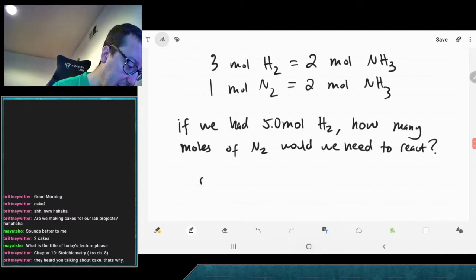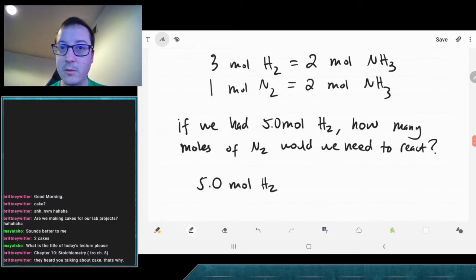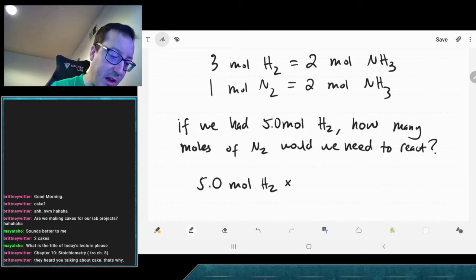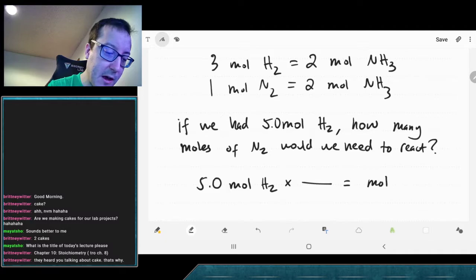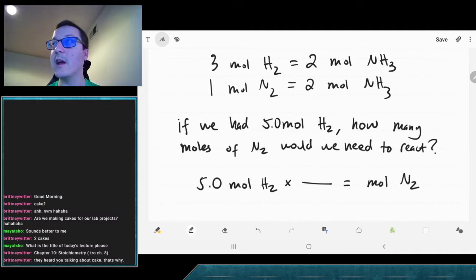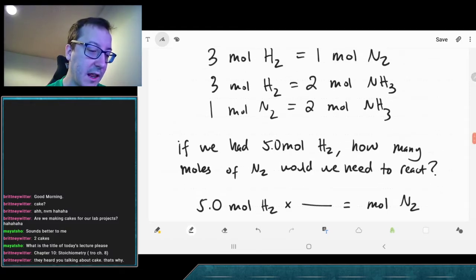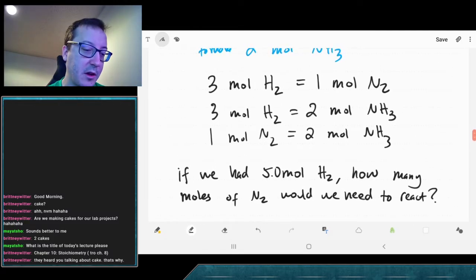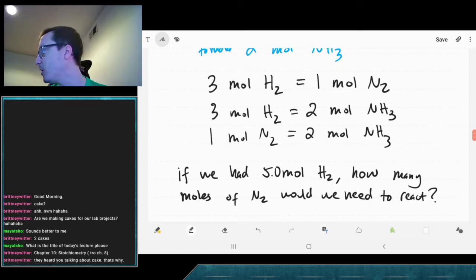So this is telling us we would always, of course, start with how much we know. We know that we have 5 moles of hydrogen. We're going to multiply it by something to get moles of nitrogen, right? And so we're going to go ahead and look at our conversion factors up here. Again, these are just the reaction coefficients.